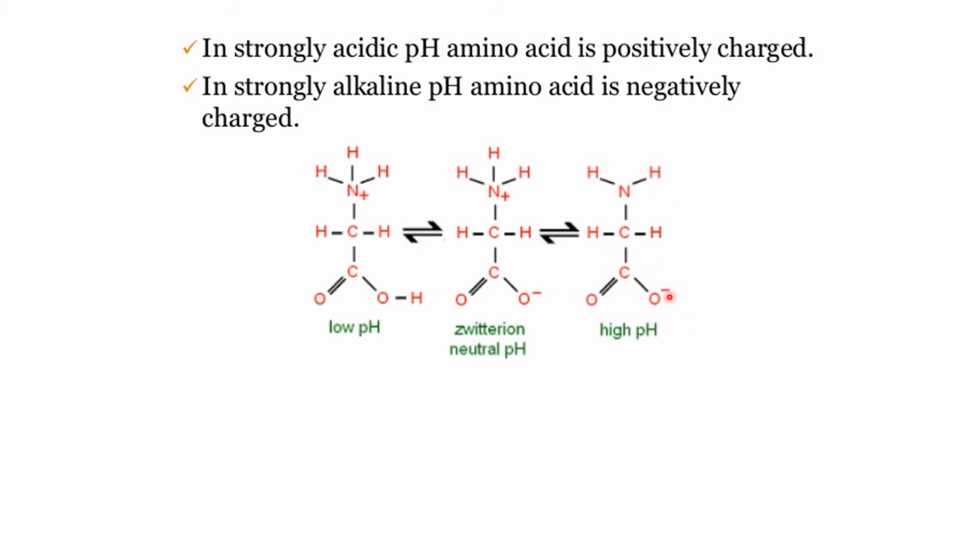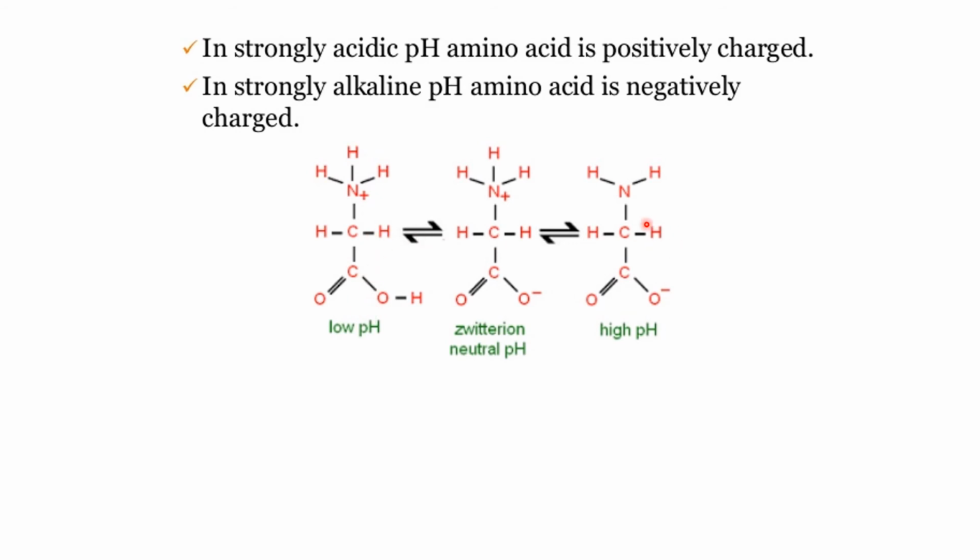One H is lost from here, one H is lost from here. That is, you have less amount of proton in this. That means it will be less acidic and more basic. And since it is more basic, you can call this a high pH value. That means in strongly acidic pH, the amino acid is positively charged.